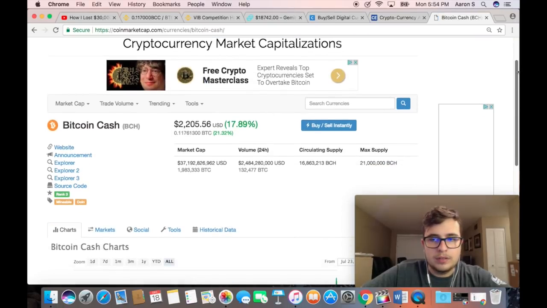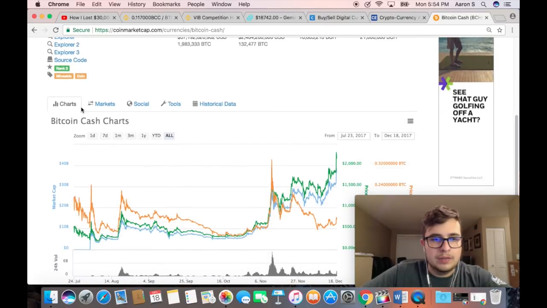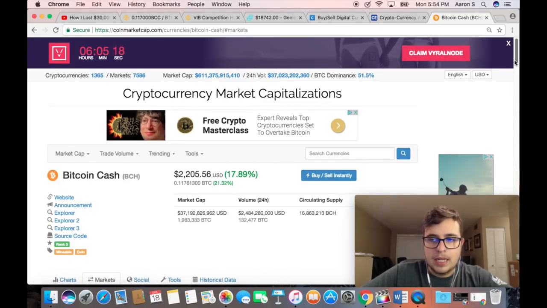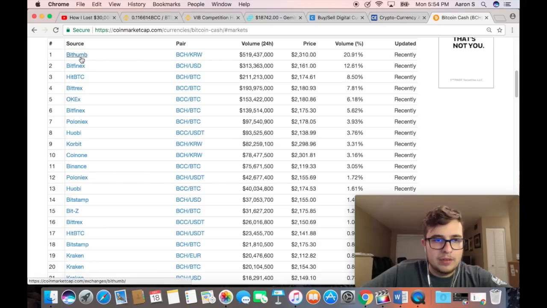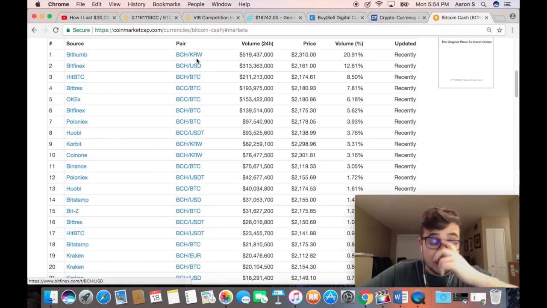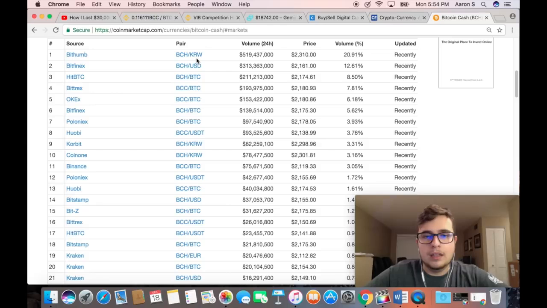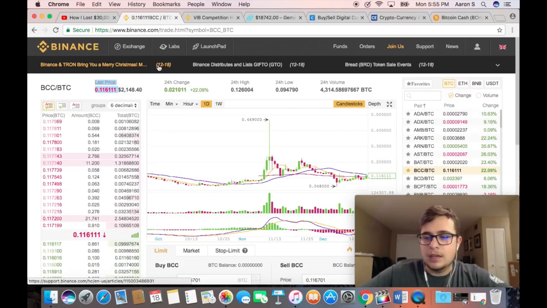And there we go, 2,200. And you'll also see, if you scroll down to markets, it will be there, available on Binance. There we go, number 11. So it's more expensive on other exchanges. Binance is usually the middle ground. Sometimes you see the price there more, sometimes you see it less.